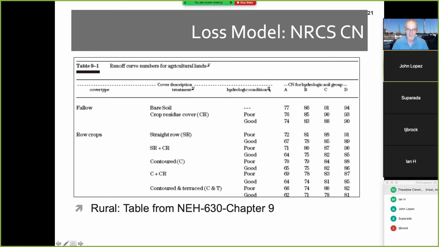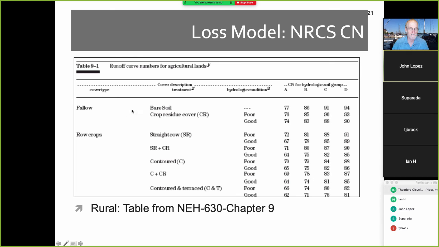You have to read the footnote for what poor is or good. Good generally means that it's a well-drained soil, and poor means it's a poorly drained soil. And then there's hydrologic soil groups, and those themselves are defined in the engineering handbook. And finally, we have curve numbers for these different conditions.